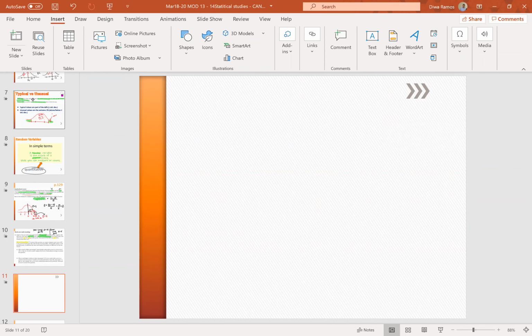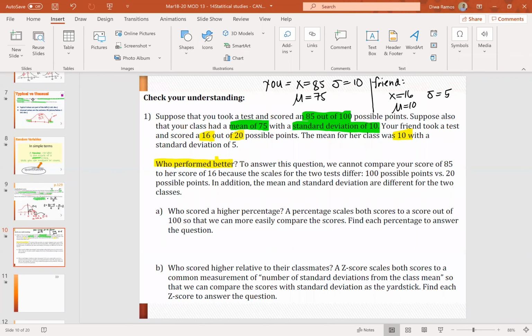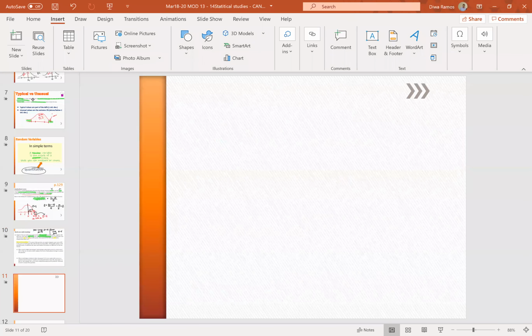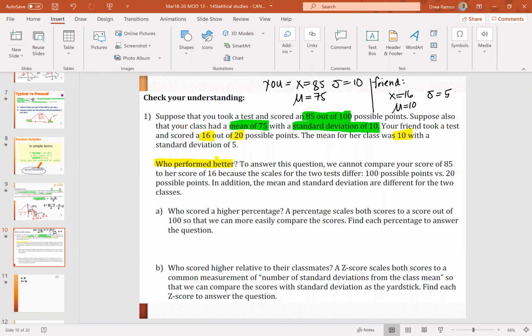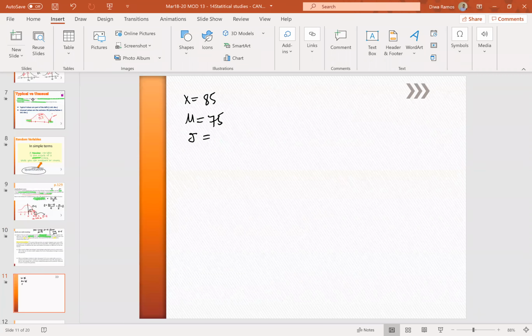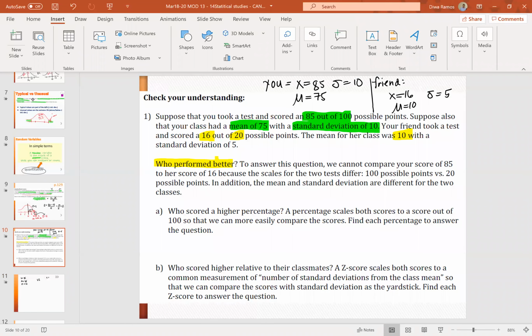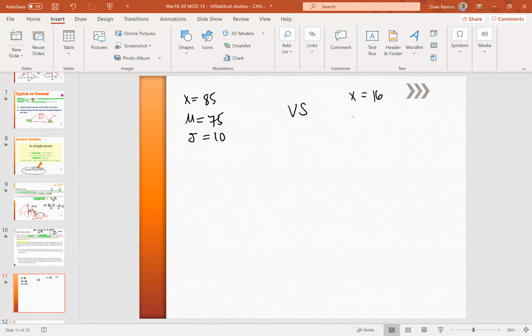Okay, so let me copy the data. I think the first one is 85 for X, 75 for the mean, and 10 for sigma. And we are comparing that with, I think the other one is 16, 10, and 5.